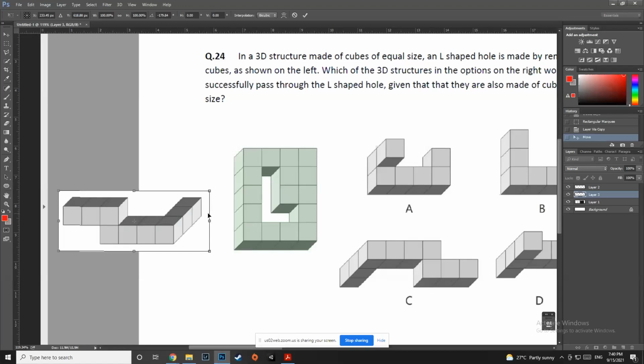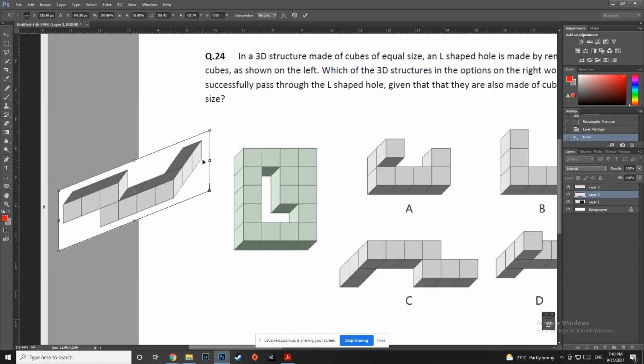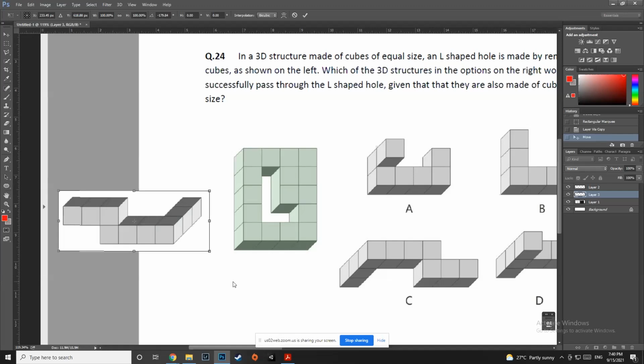Yeah, it can pass. That is not a problem. Okay. Anjali, what I'll do is I'll try to draw this.